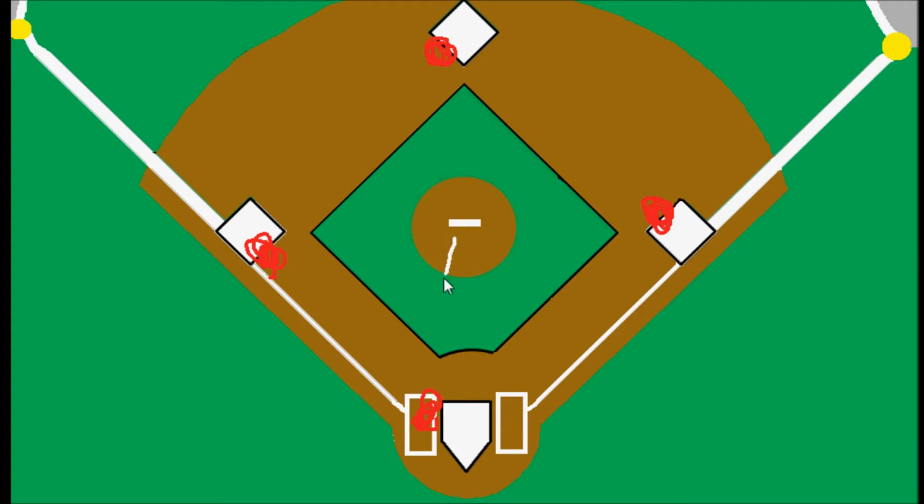So even if he doesn't get a hit, say the first pitch comes in and it hits him, then he would get an RBI. Or if he walks with the bases loaded, there's nowhere else to put the guy on, so this runner would come home and score. Everybody would move over one base, and the batter would get credit for the RBI.